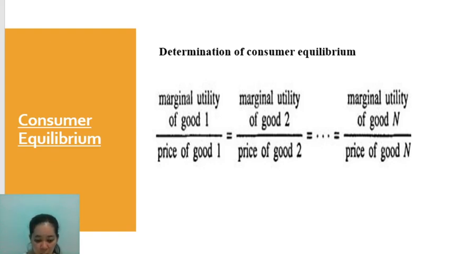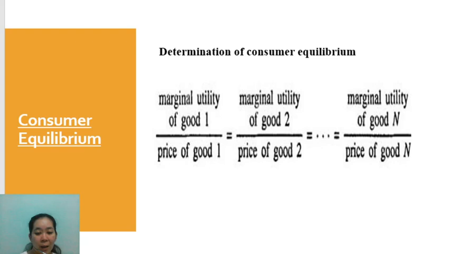This condition also states that the marginal utility per money that is spent on good number 1 must also equal the marginal utility of the money that is spent on good number 2.